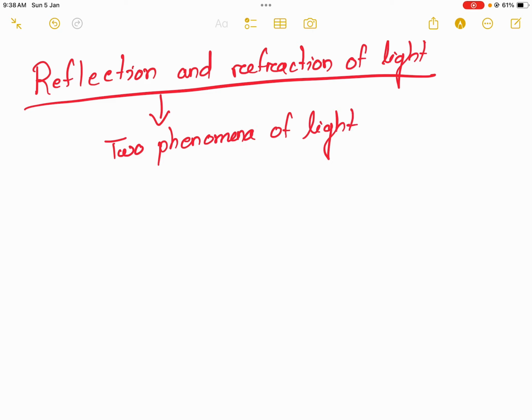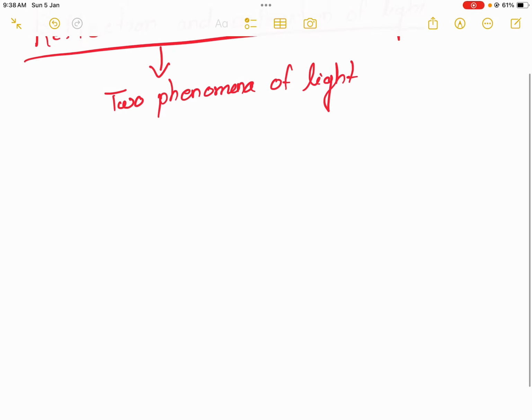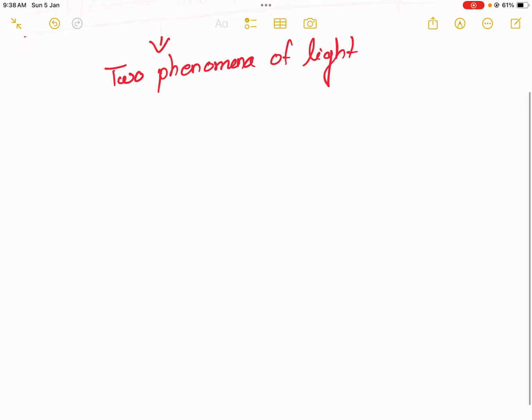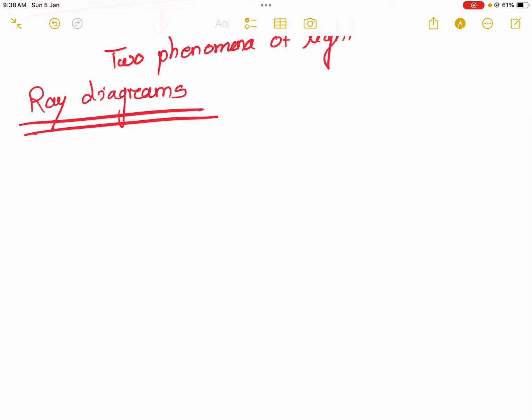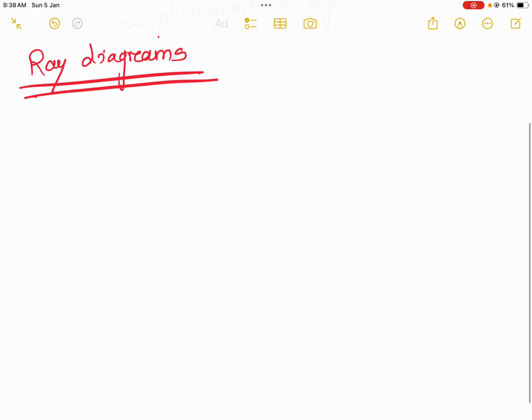Before dwelling into reflection, we will first talk about ray diagram. It's very important to know how to represent light before learning about this phenomena.